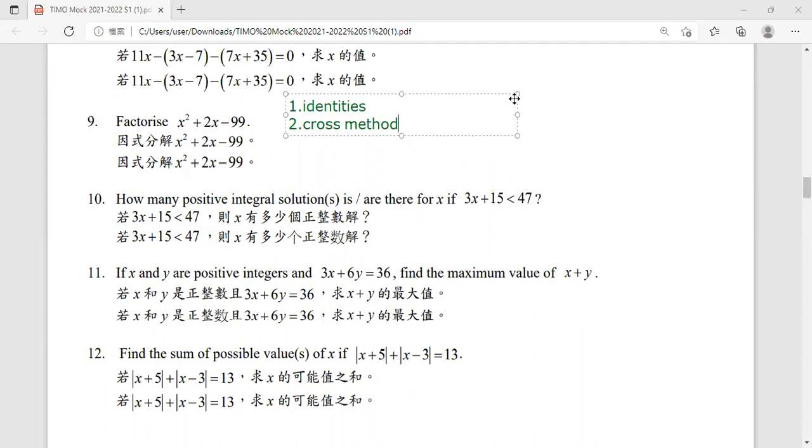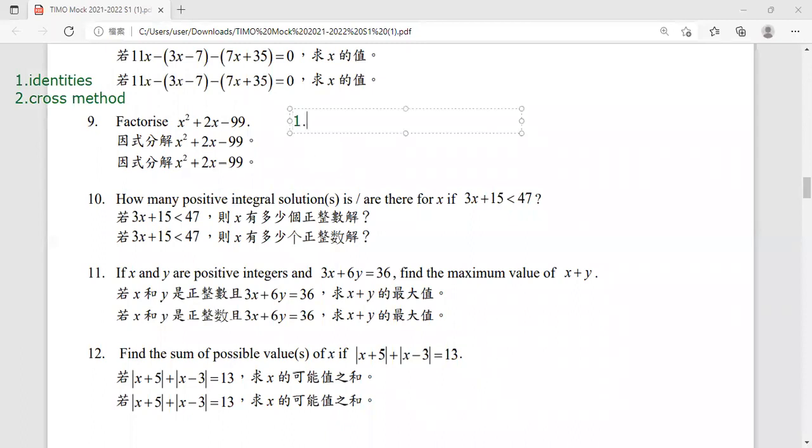Okay. Now, you have 2 methods of doing it. First method, I will put something like this. x squared plus 2x minus 99. I will change this one into something like x squared plus 2x plus 1 minus 100.